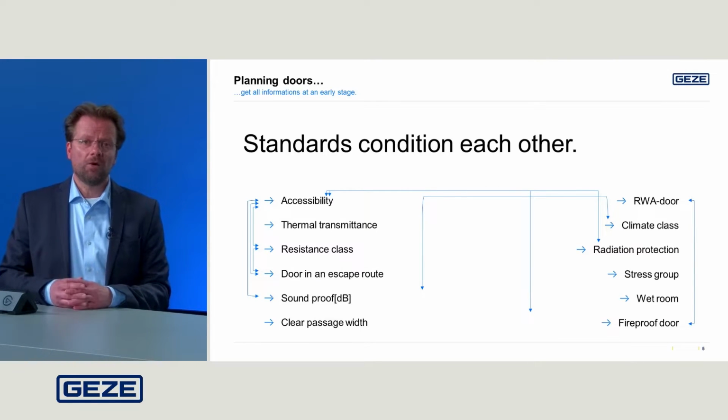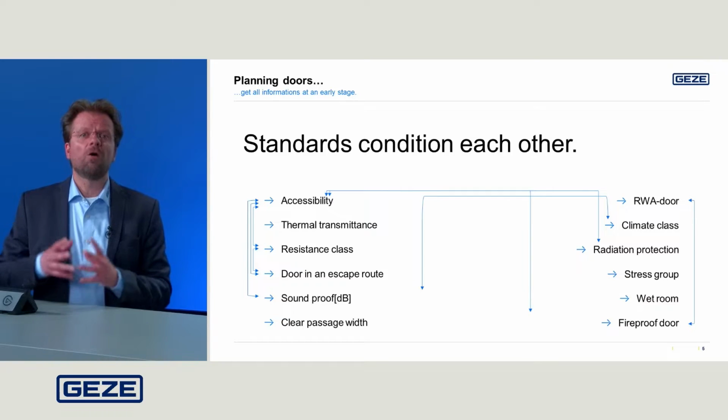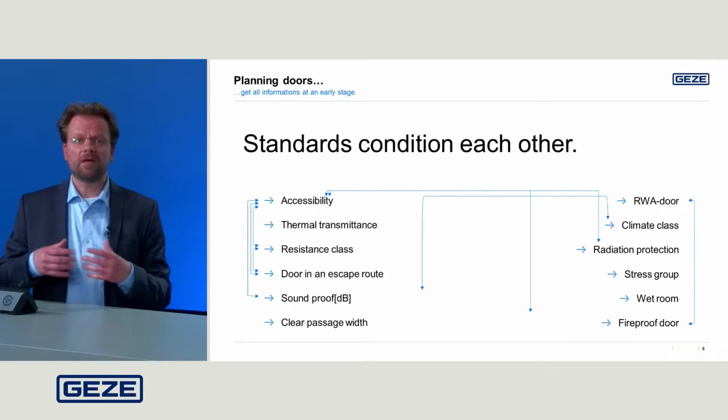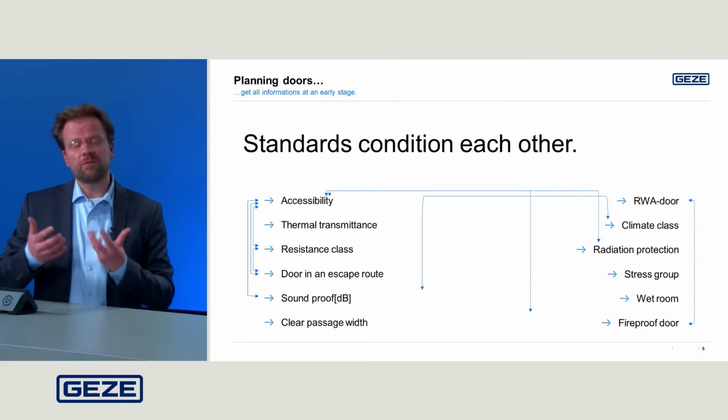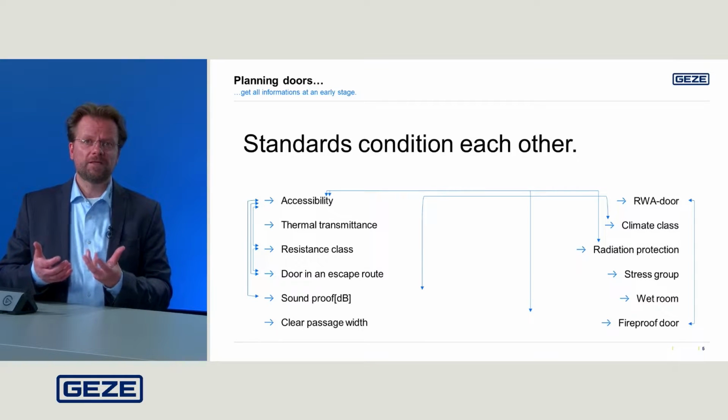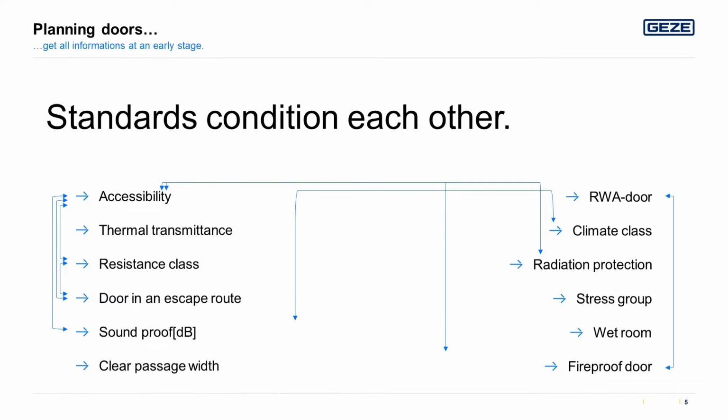The first thing we have to think about is, when does the information come into my way, into my process of planning? So these are requirements we should talk about. In this case, let's talk about accessibility and a fireproof door.